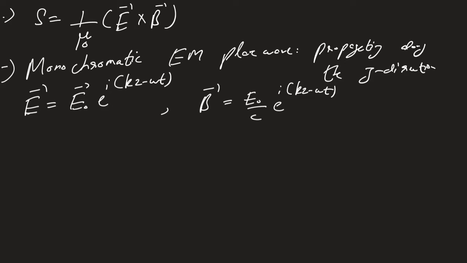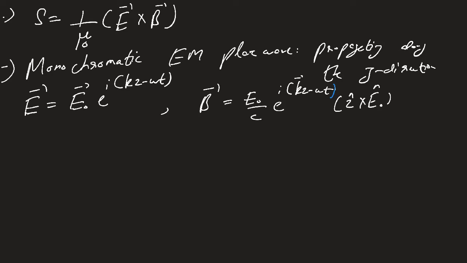Well, the direction is some direction perpendicular to both k and this E naught, because this is the direction of this electric field and this is the direction of propagation. So the direction then is just the cross product of E hat crossed with z hat, right?